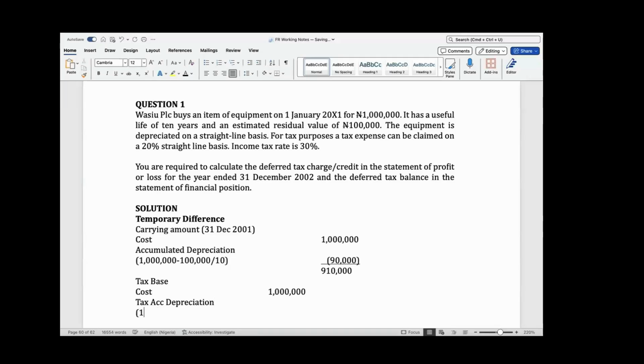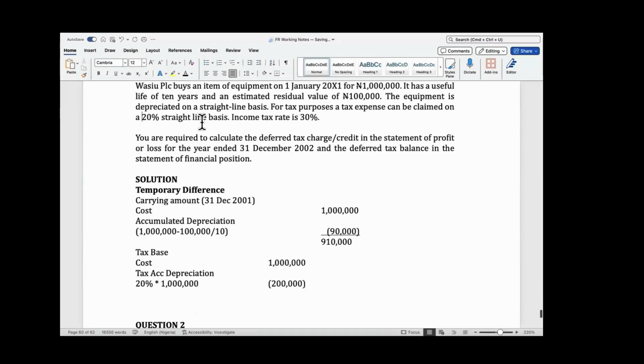In fact, the tax man uses 20% straight line. And that will be how much? That will be 200,000. So the difference between the two is 800,000. Then I have a temporary difference here.